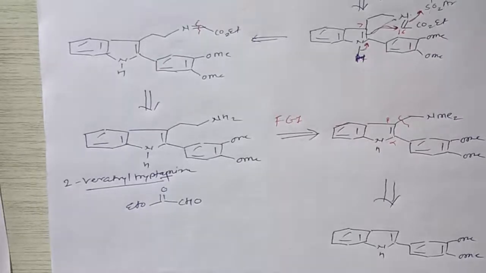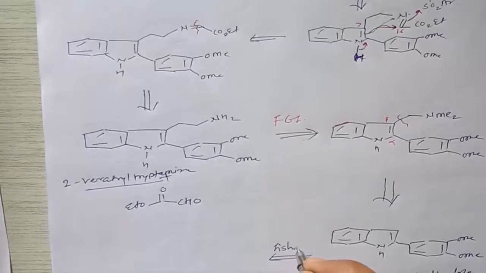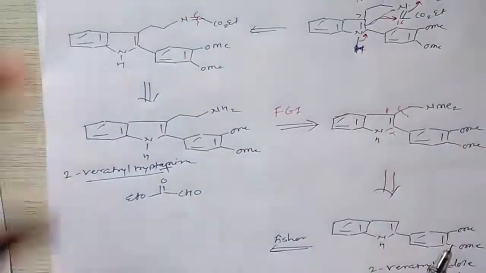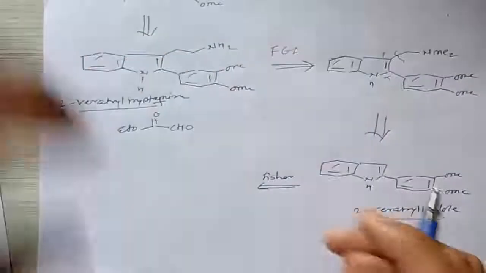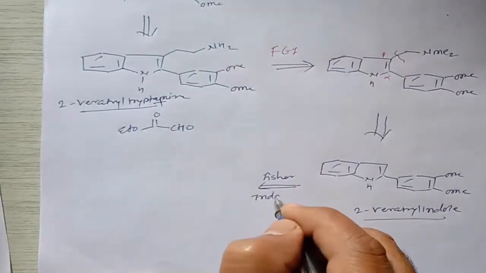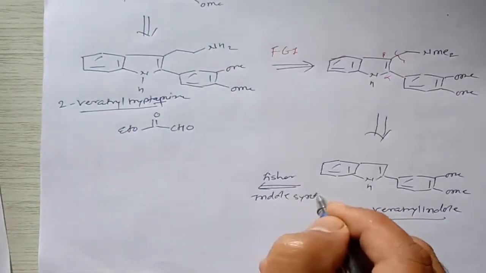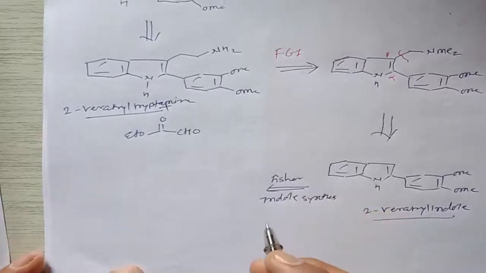So this is called 2-veratryl indole, and this 2-veratryl indole can be prepared by Fischer indole synthesis. How can we prepare it? This is called Fischer indole synthesis.